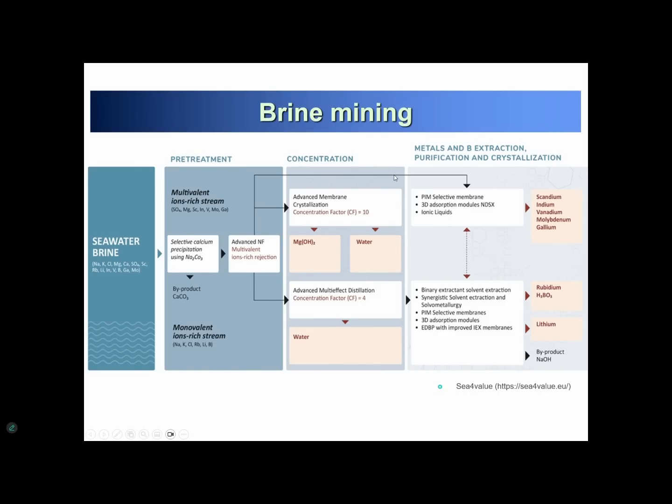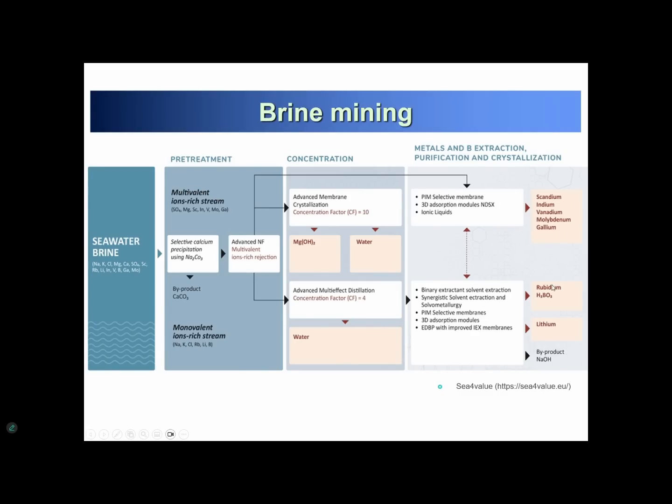That's how you can precipitate more magnesium hydroxide. Also, some distillation process can be utilized to produce more water. And from this leftover, this divalent ion can be extracted.